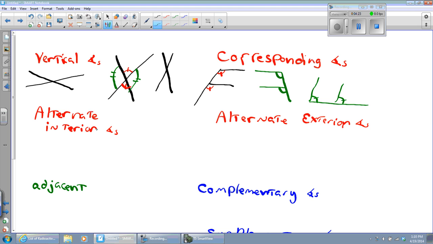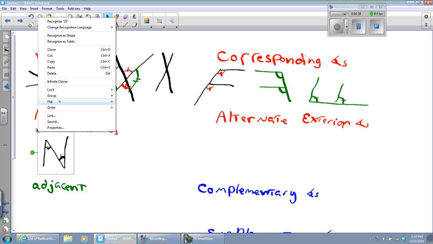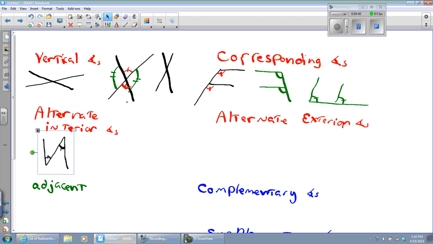Now, the alternate interior angles, they make a Z. But the Z could look more like an N. Then again, it could look like a backwards Z, backwards N, excuse me.